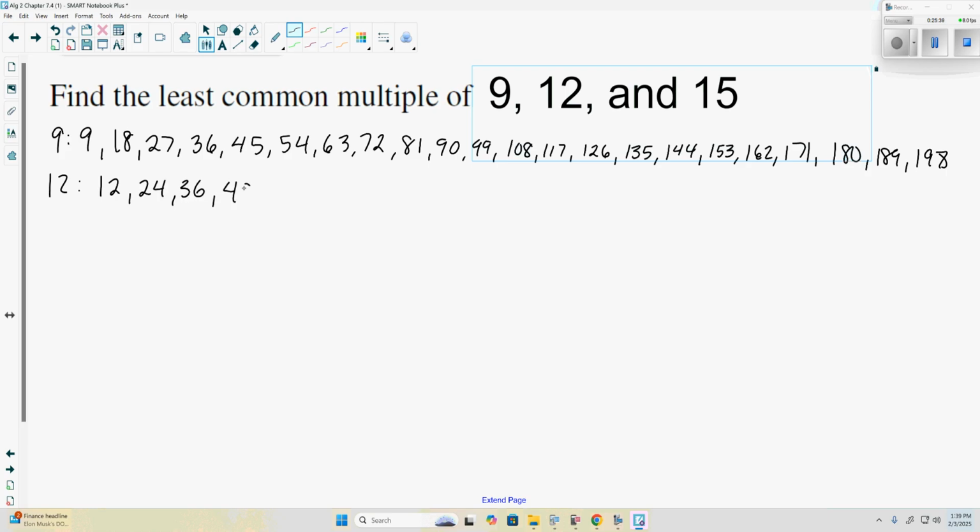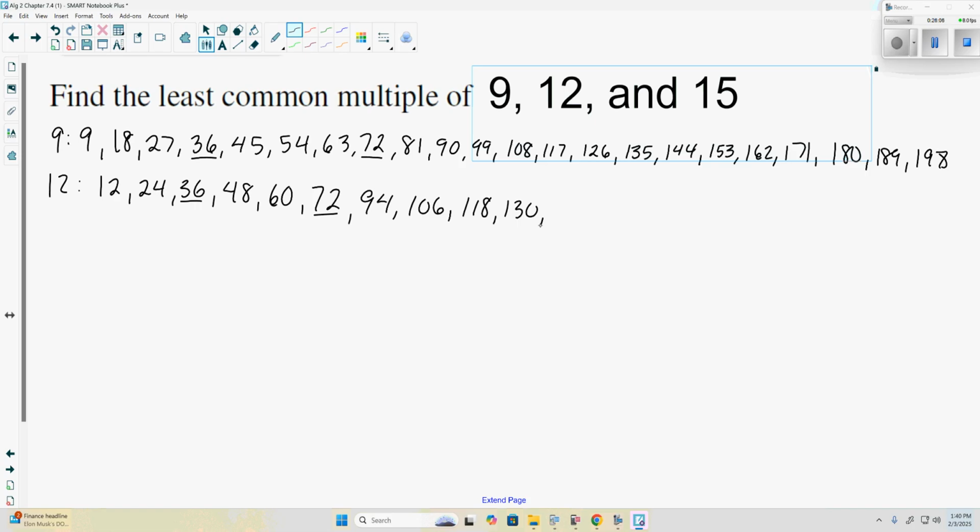12, 24, 36, 48, 60. We did have 36 match up. 72, 84, 96, 108. Correct me if I'm wrong, but the fact that 15 is against 5 means it has to be something that ends in 0 or 5, right?